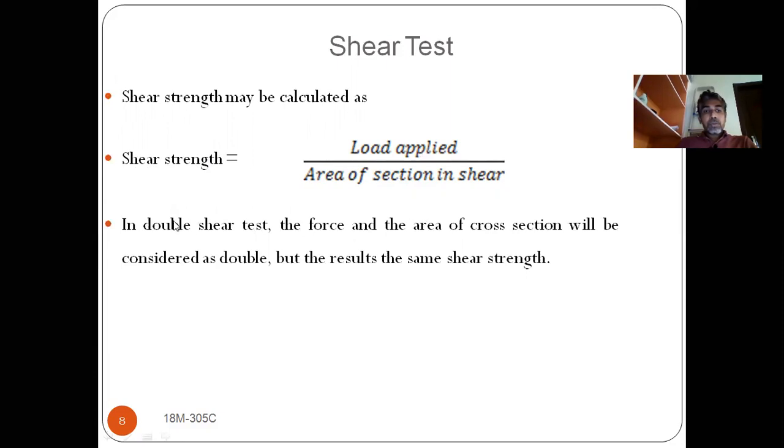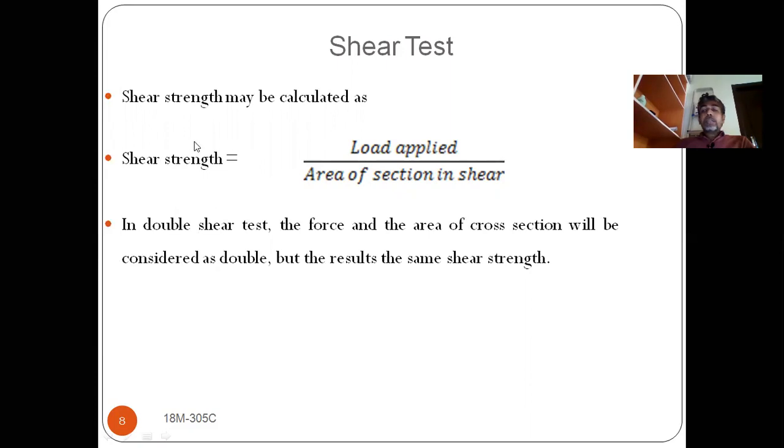Okay. So if you take the double shear test also, we can get the same shear strength, because the load is double. That means for every shear we will take the load. So load by area, and here also load by area. So what will you get? You will get the same shear strength.